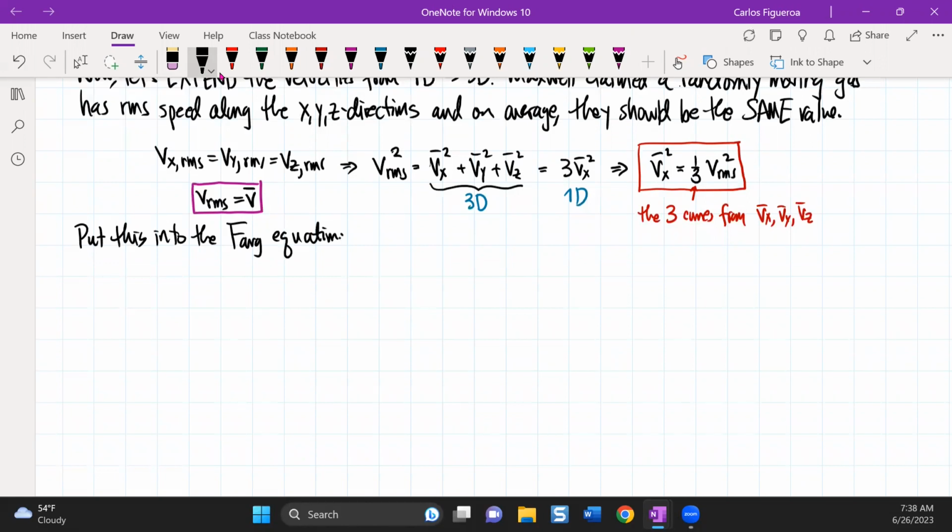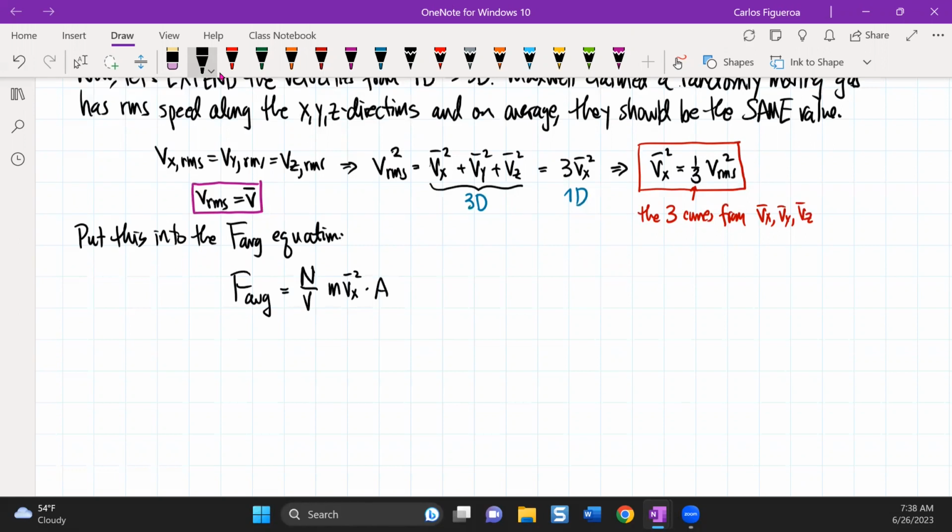We said that the average force applied by N gases is going to be N over V times m Vx squared average times the area.